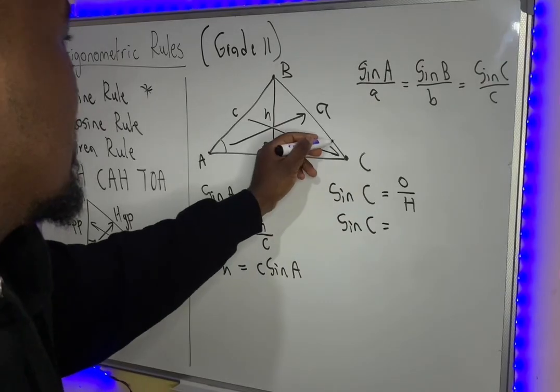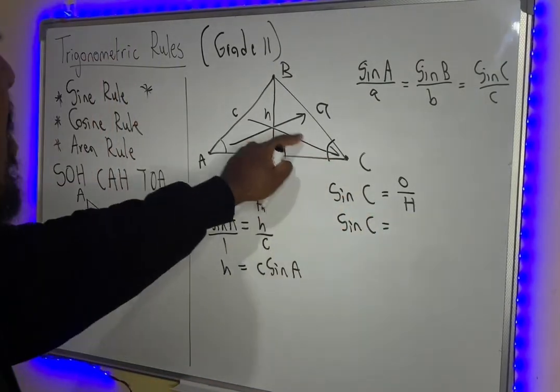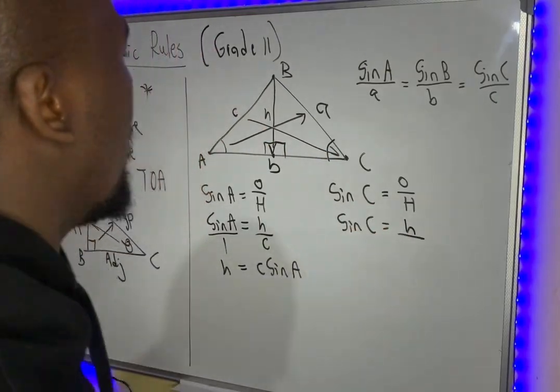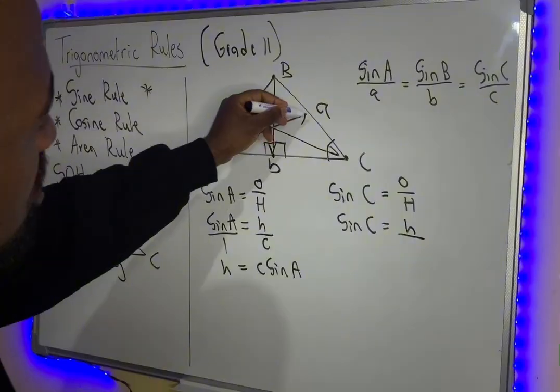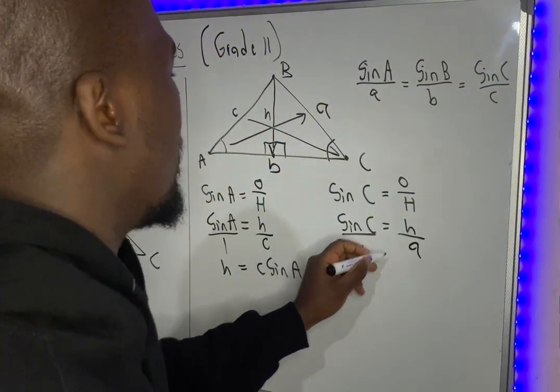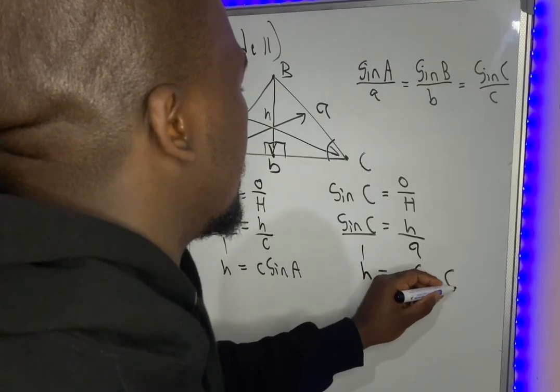When we're looking at this angle, this is the angle we're focusing on, so the opposite is H. We put H here over the hypotenuse, which is the side opposite the 90 degrees, so we put A here. We cross multiply, and our H is going to be A sine C.